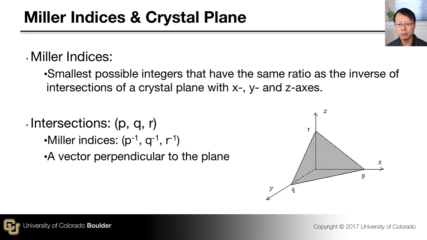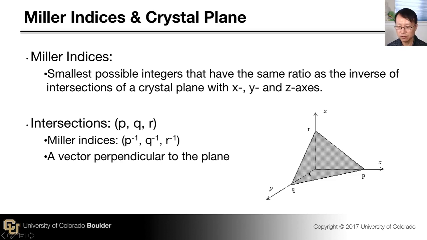Now, in order to do that, we use Miller indices, and Miller indices are basically the vector perpendicular to the plane. So, in order to find Miller indices, you first identify the intersection of the plane with the crystallographic axes.